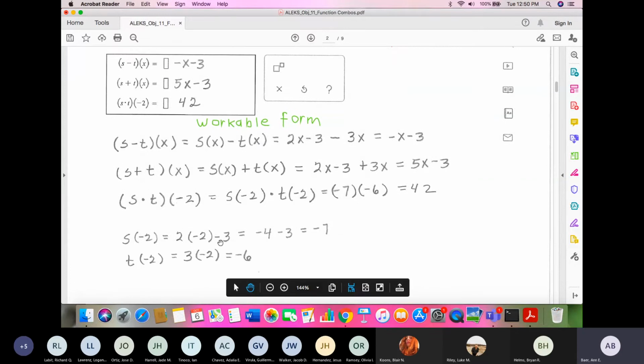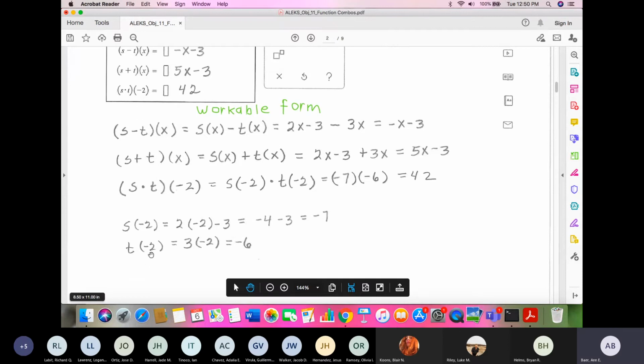We multiply first, 2 times -2 is -4, and subtract 3. We get -7. So S of -2 is -7, and we take out S of -2 and put in -7 for it.